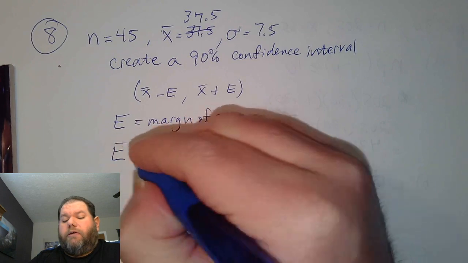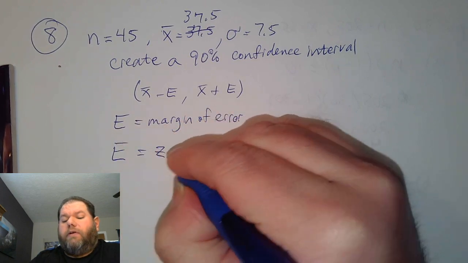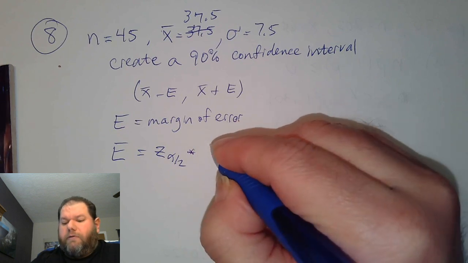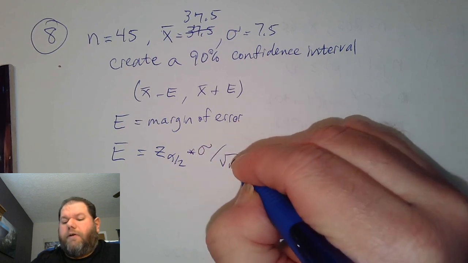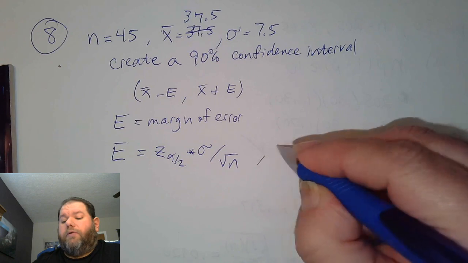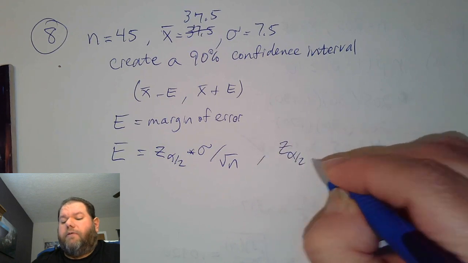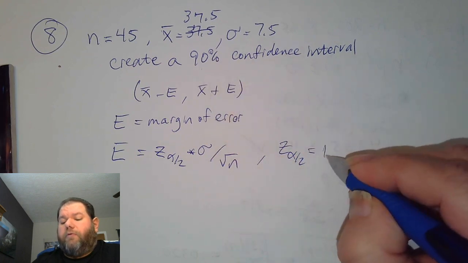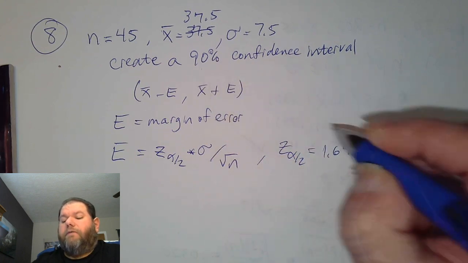So E is Z alpha over 2 times sigma over the square root of n, and we know that Z alpha over 2 for 90% confidence is 1.645.